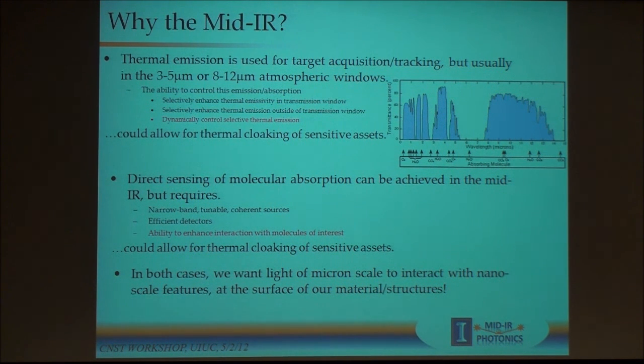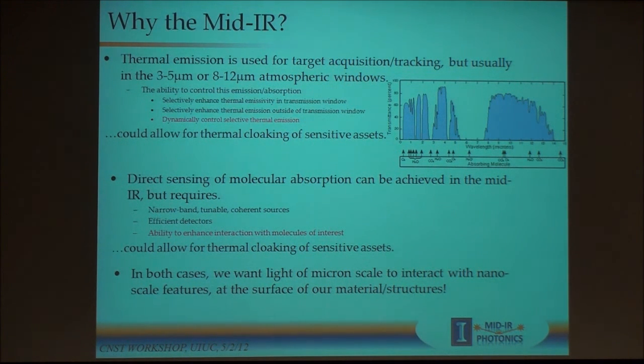So if we can control the thermal emission from a hot object, then we can either hide that object from one of these targeting systems, or maybe we can make an object that we don't care about as some sort of consumable structure that we can use to confuse the targeting system.